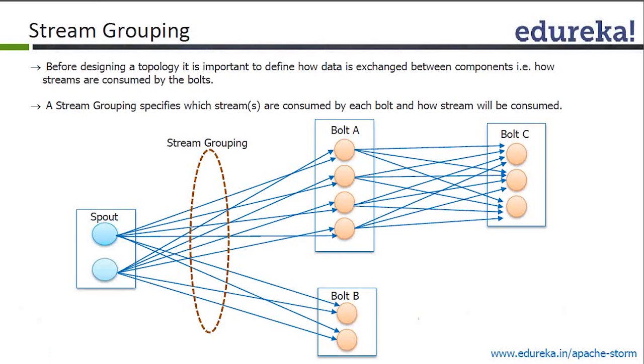So now, stream grouping is all about the same kind of question: before you design a topology, it is very important for you to define how exactly the data is going to flow. After I cover the grouping, I will give you a small assignment.